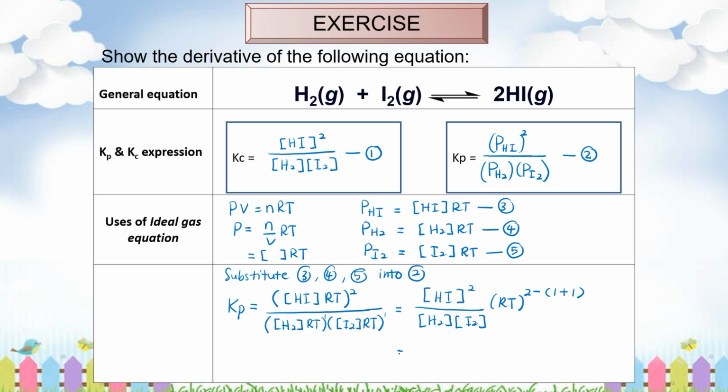The concentration part is Kc, so Kc times RT to the power 2 minus 2, which equals 0. Any number to the power of 0 becomes 1. Therefore, Kp equals Kc.